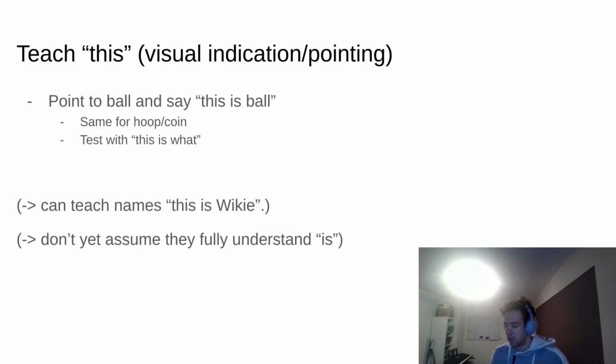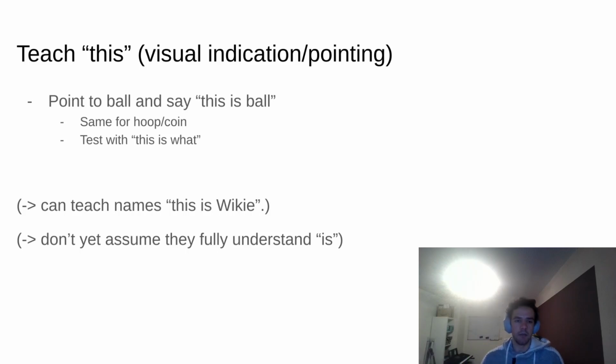So what we will do here is take a ball and point very clearly to it and say this is ball. We don't have articles. The doesn't exist in this language, actually doesn't exist in many languages. Then we use other objects like a hoop, show this is hoop, show this is coin, without the article.